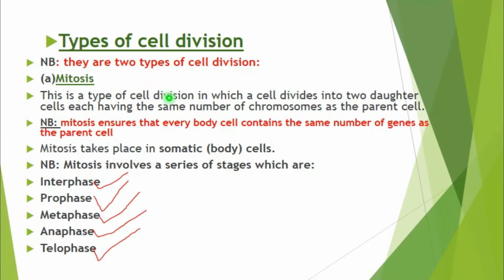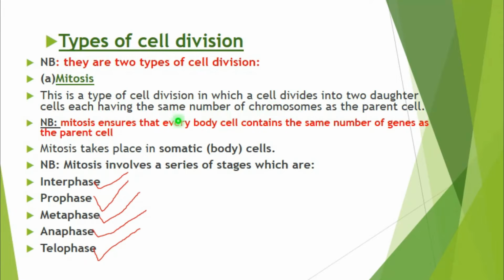So mitosis is a type of cell division in which the cell divides into two daughter cells.